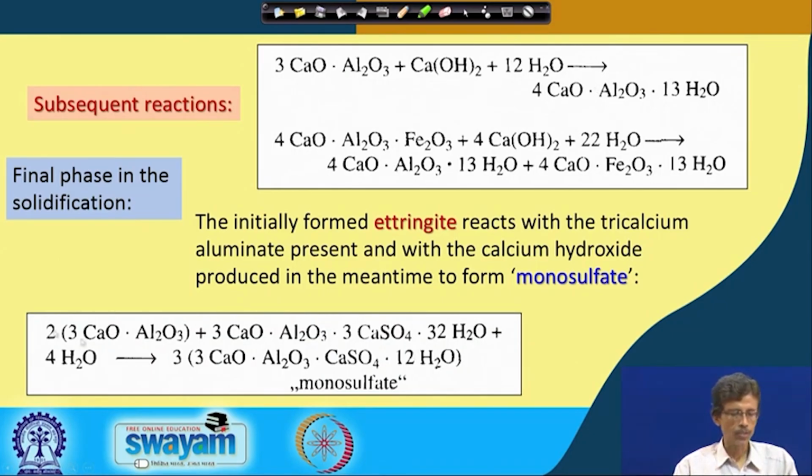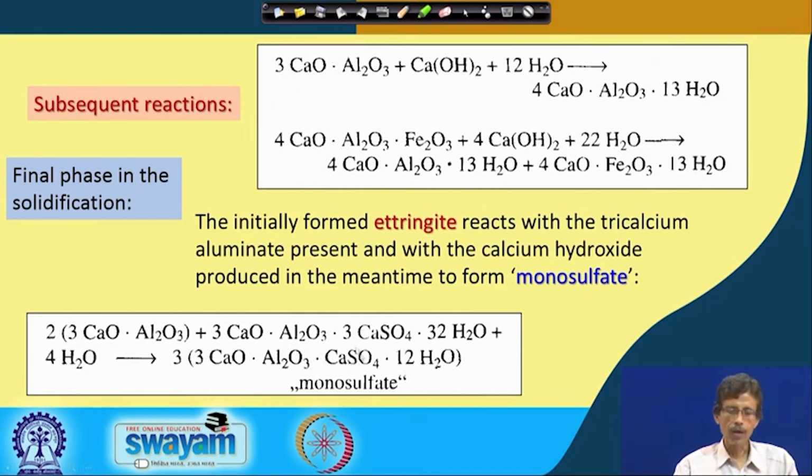So you have the alumina-based compound, the tricalcium aluminate, and the earlier formed compound with 32 water molecules, which was formed in the earlier stage, not in these two stages. The tricalcium aluminate reacts with the calcium hydroxide, giving again a calcium oxide alumina compound.